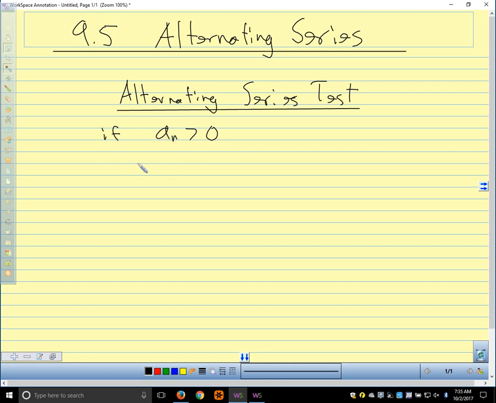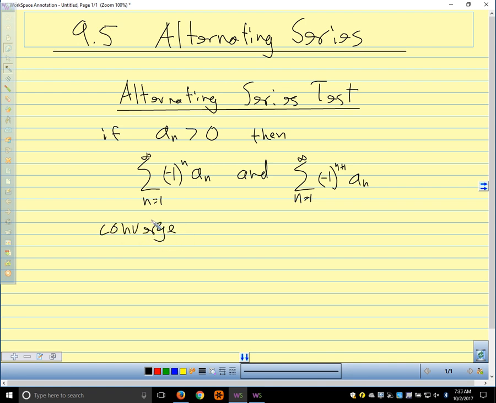We're going to say these two series, the sum n equals 1 to infinity of -1 to the n, a sub n, and -1 to the n plus 1, a sub n. So we either have even terms or odd terms with a negative sign. These two are going to converge under two conditions.